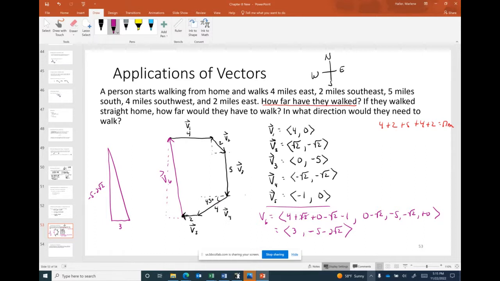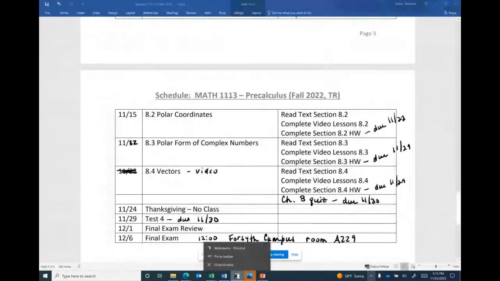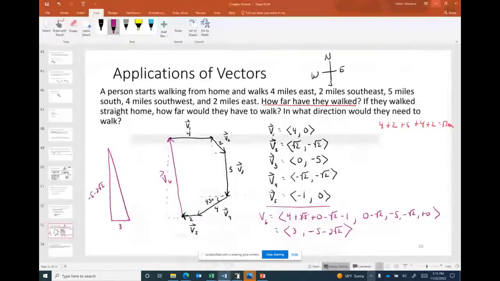Let's see if we can find that magnitude of vector 6. The magnitude of vector 6 is what we're looking for.